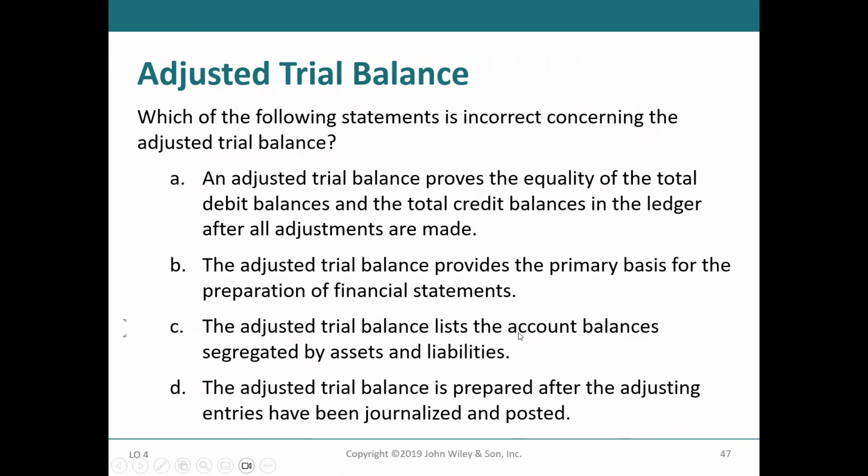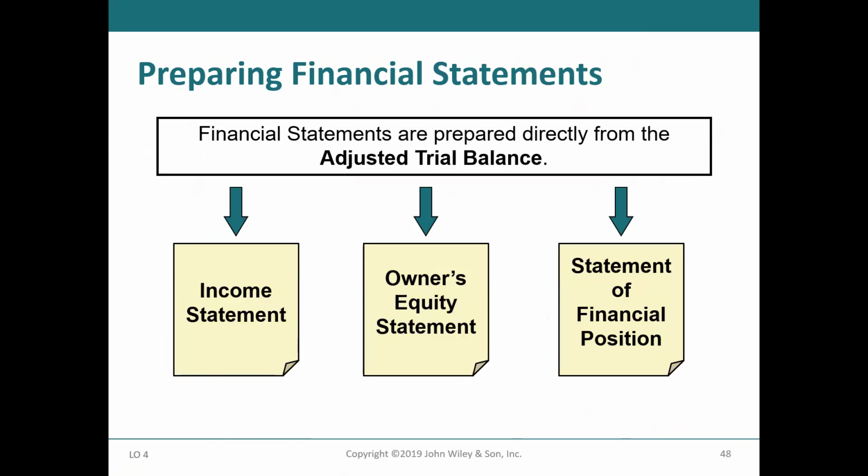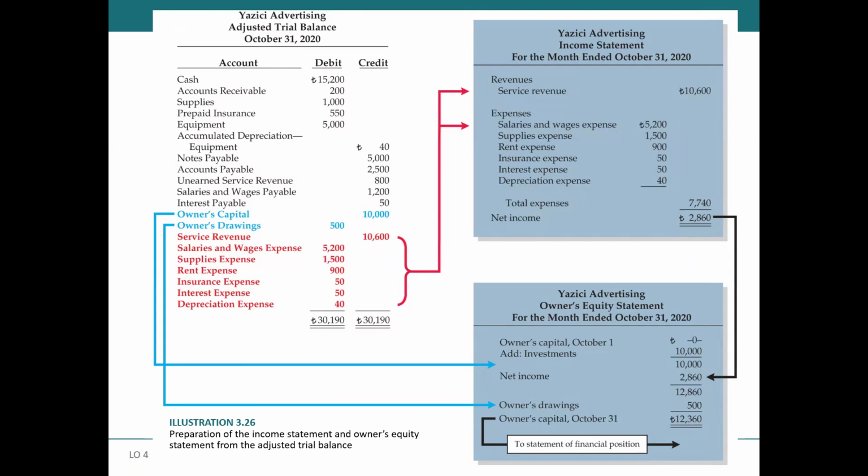From the adjusted trial balance, we use the numbers there to prepare the financial statements. We use them to prepare the income statement. After we prepare the income statement, we get the net income, and we use it to prepare the owner's equity statement. After we prepare the owner's equity statement, we use the owner's capital to prepare the statement of financial position. So you can see here, this is my adjusted trial balance.